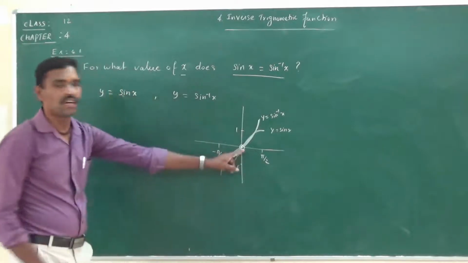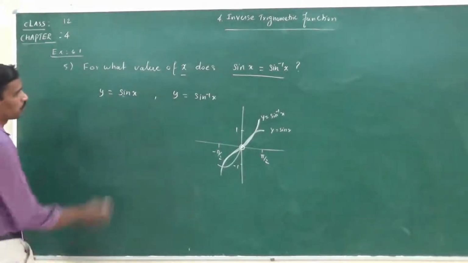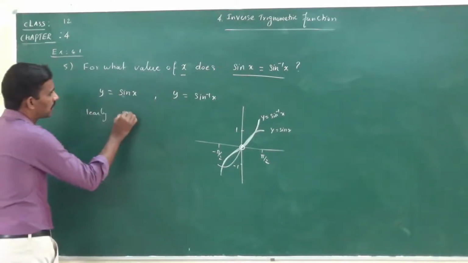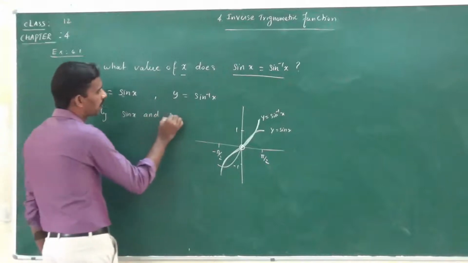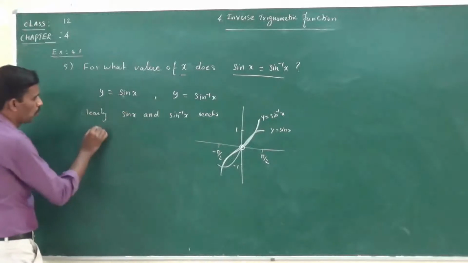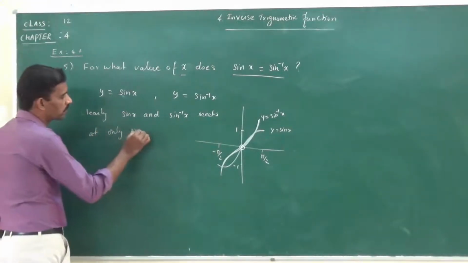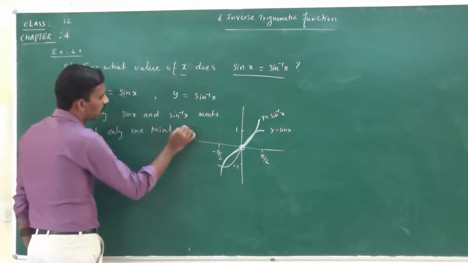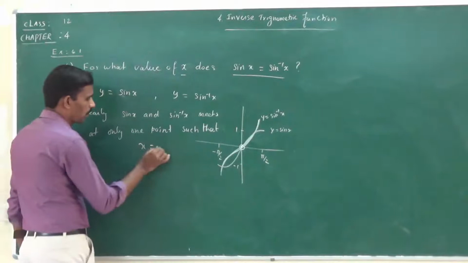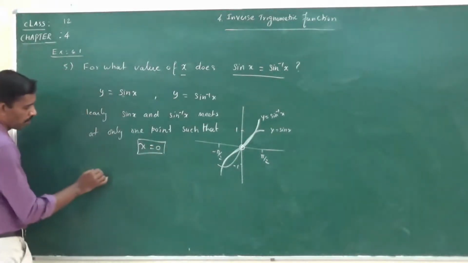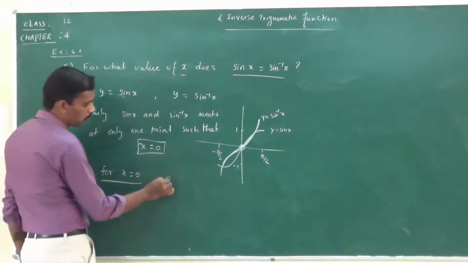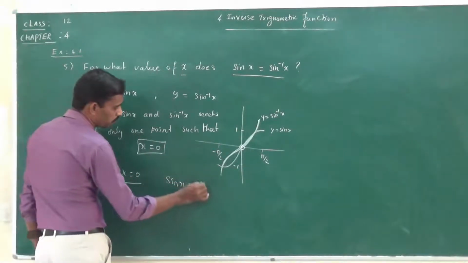What is this? The origin. So clearly, sin x and sin inverse of x meet at only one point, such that x is equal to 0. So for x equal to 0, sin x is equal to sin inverse of x.